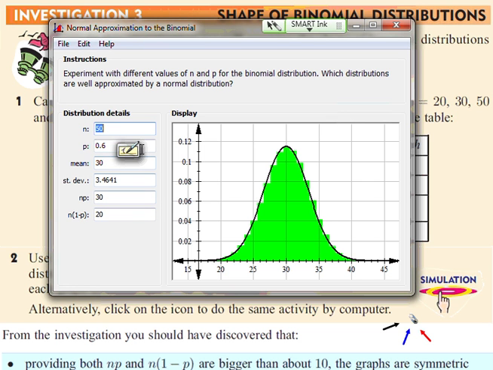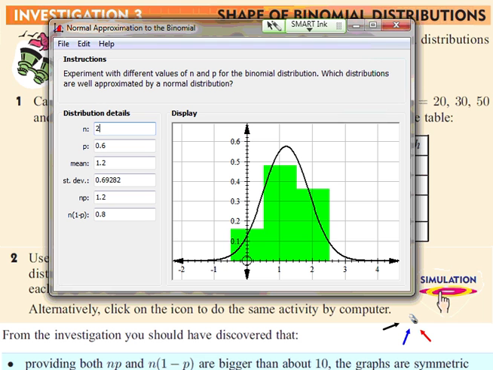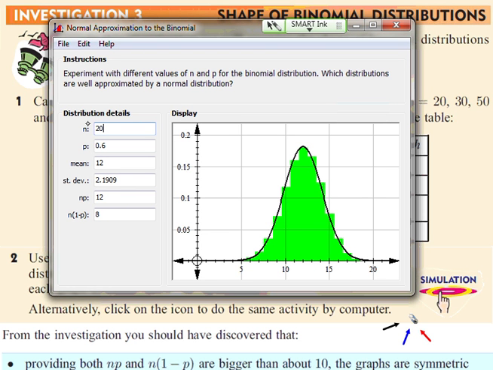Right, now if we were to change the sample size, let's make that down to 20. And our probability, we'll make that 0.1.